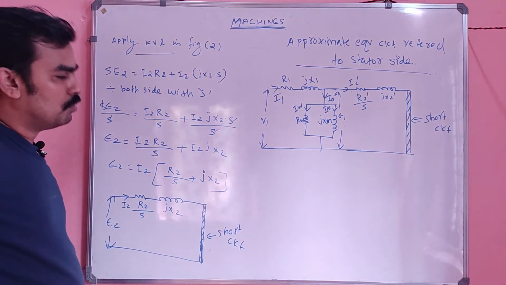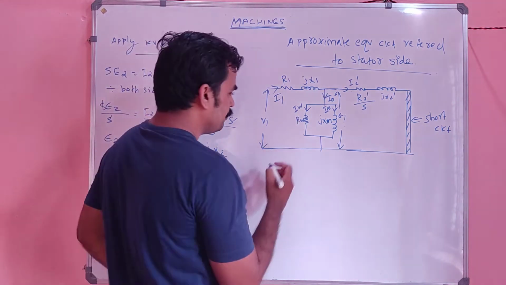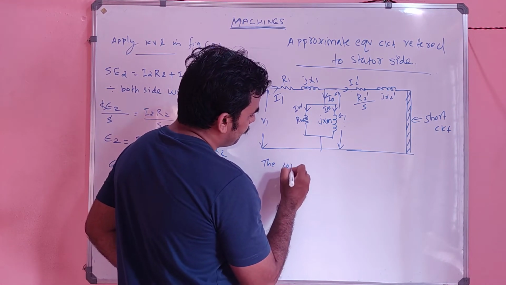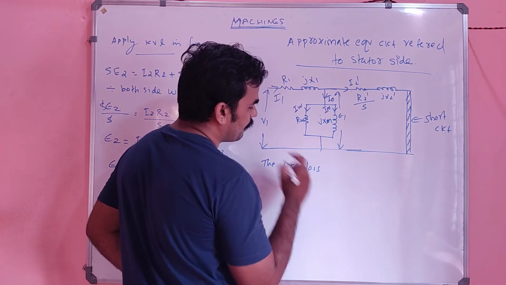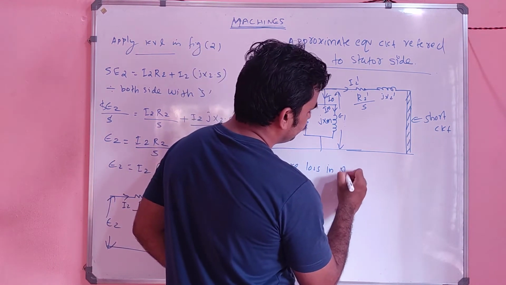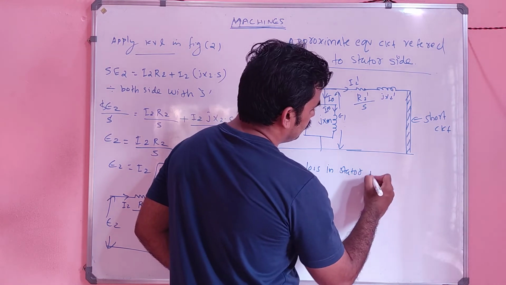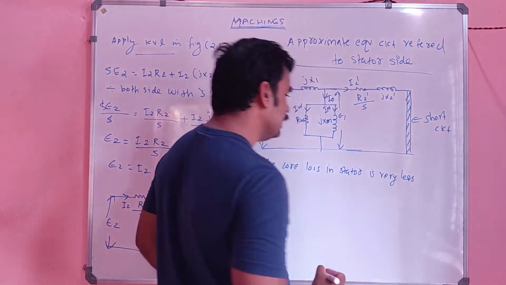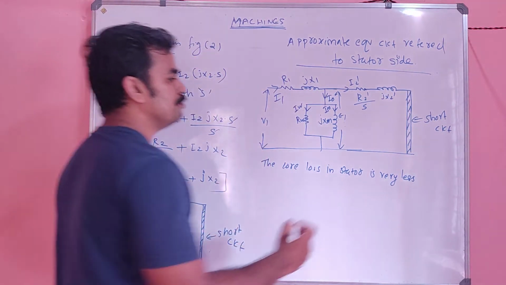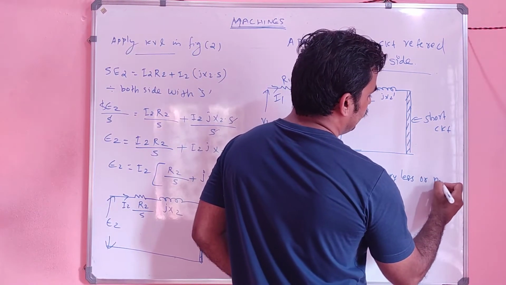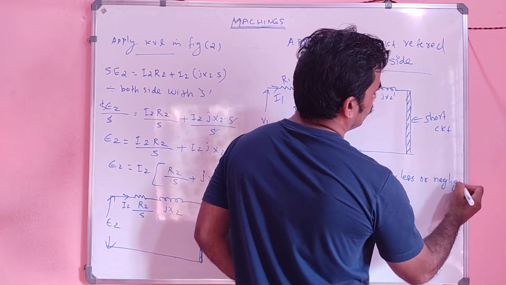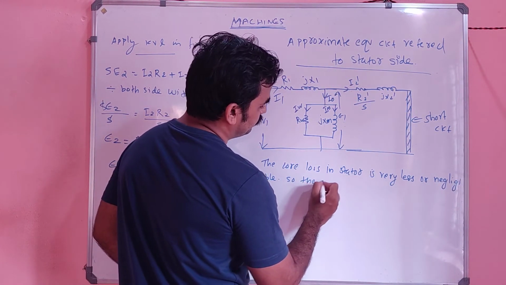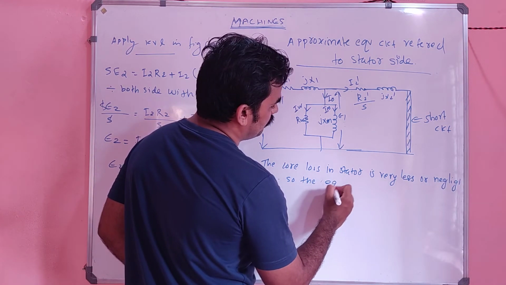And one more thing you have to note here: the core loss in the stator is very less or negligible. So the equivalent circuit becomes like this.